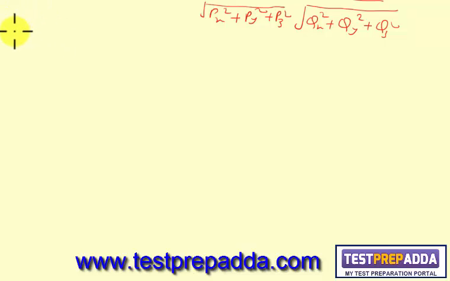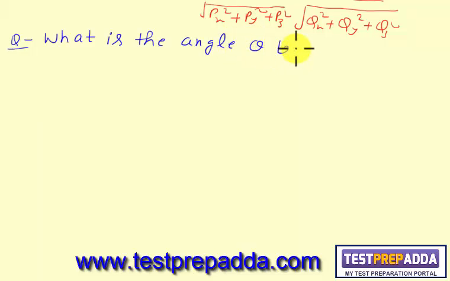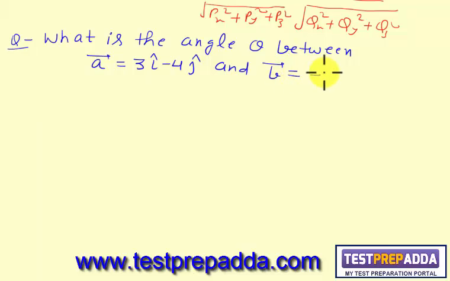If the question is given as, what is the angle theta between vector A, that is 3i cap minus 4j cap, and vector B, that is minus 2i cap plus 3k cap. We have to find the angle theta between these two vectors.